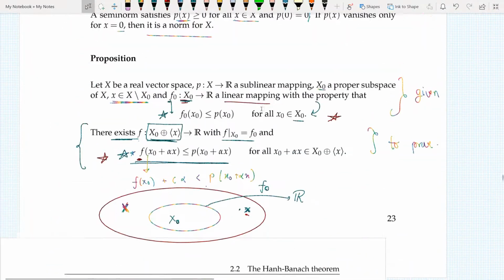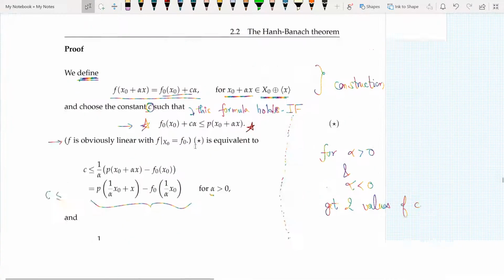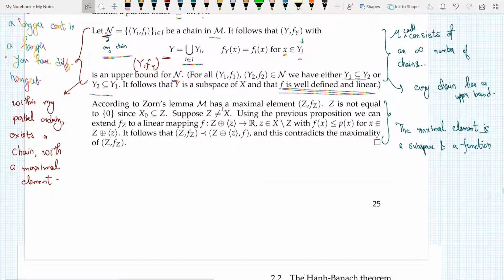So in the road to Hahn-Banach, I had a space X0, which was a subspace of capital X, and I extended it by a span of one element. In the same way, I say that let Z not be equal to X, then using the previous proposition, we can extend f Z to a linear mapping with this property, and it follows that.